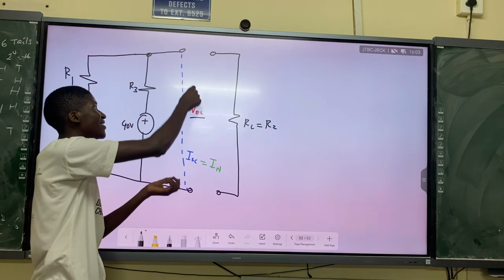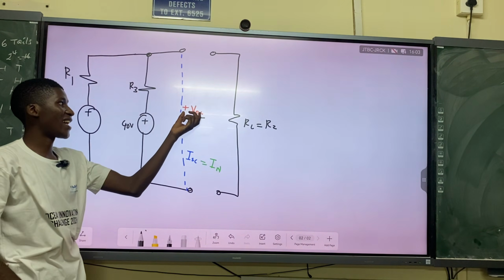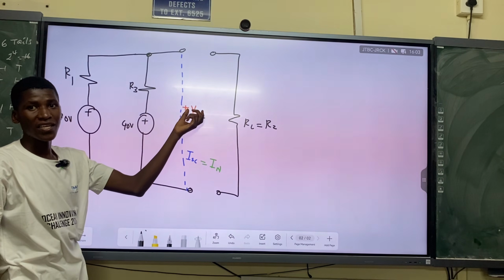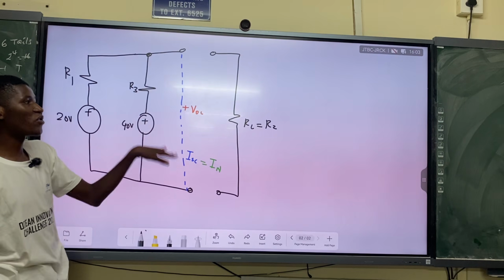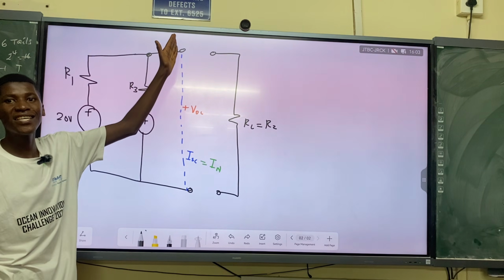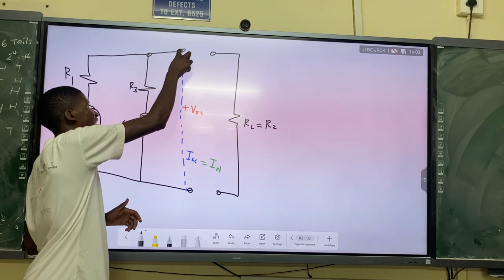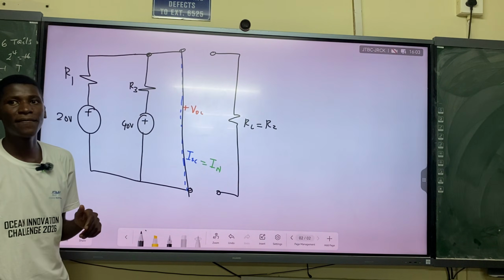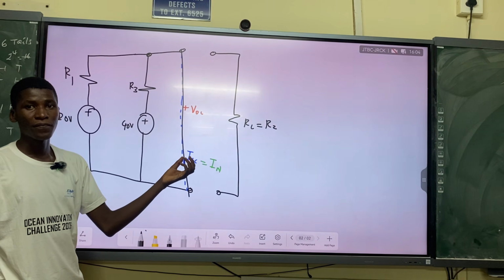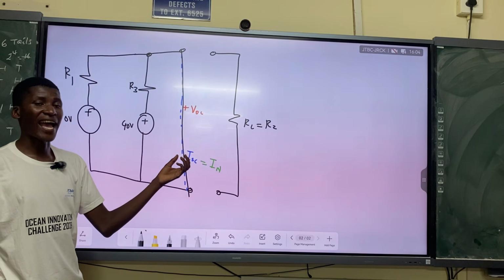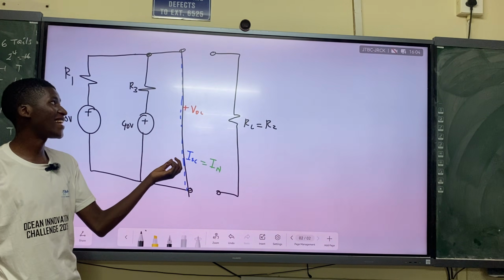VOC is the voltage measured across these ends. Then for ISC, we take that open circuit and put in a conductor with no resistance. That means we are short circuiting our circuit. So we measure ISC, the current that goes through this conductor with no resistance.